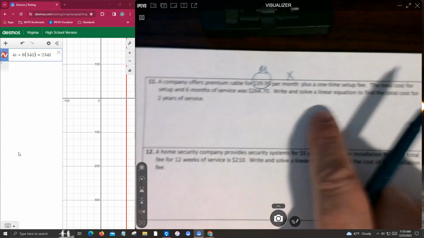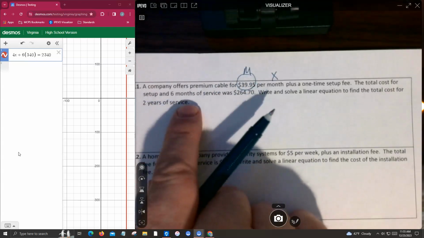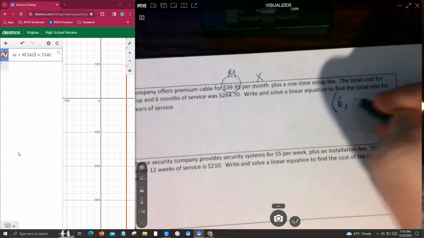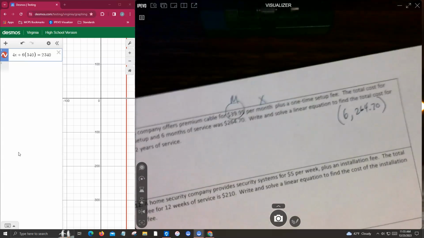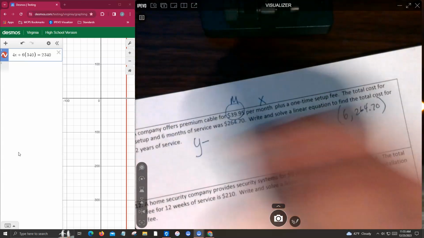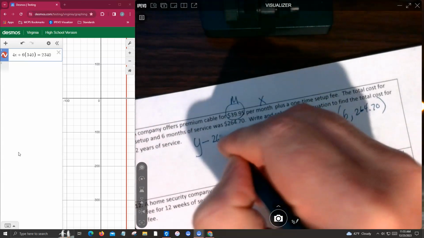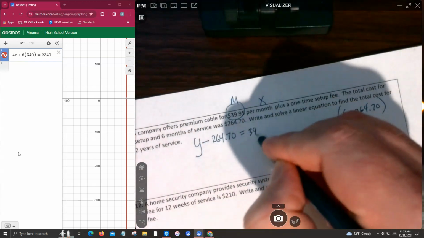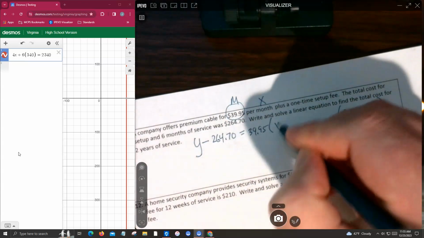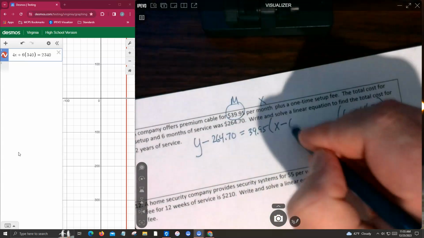They gave me an example. Total cost of setup for 6 months was $264.70. So 6, $264.70. All right, write an equation. So y minus the y value, $264.70, equals the rate, which is $39.95, times x minus 6.